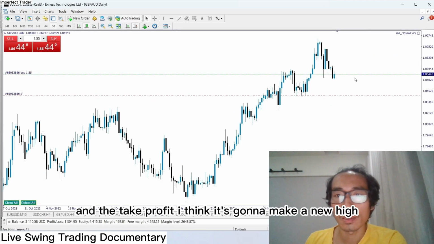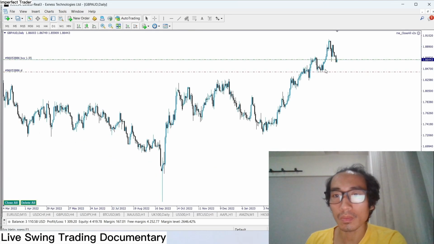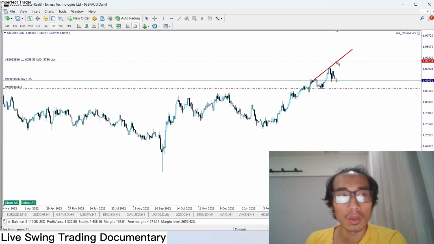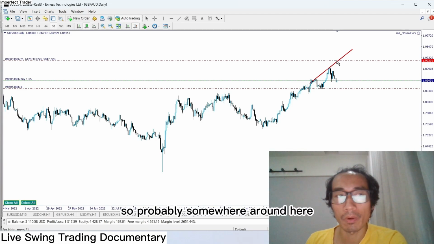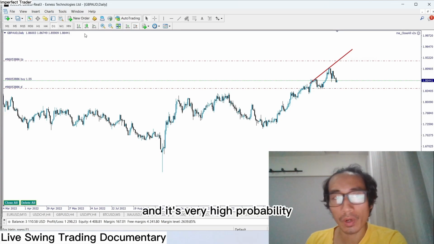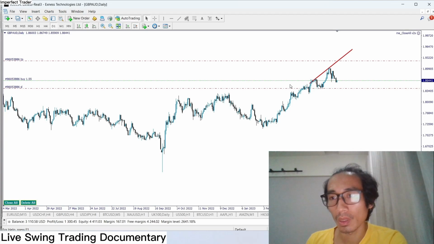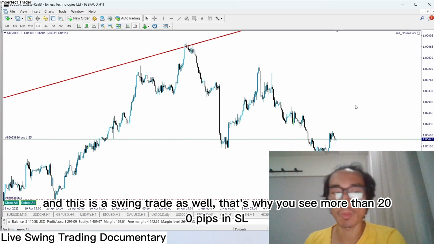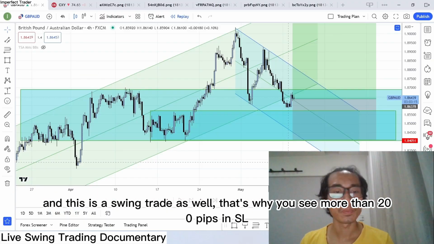And the take profit, I think it's going to make a new high, so probably somewhere around here. For this trade, it's not really 1 to 3, but it's more than 1 to 2, and it's very high probability. And it's a swing trade as well. That's the reason why you see more than 200 pips of stop loss.